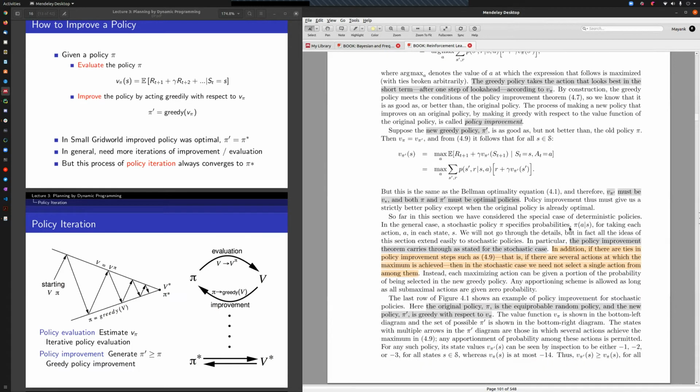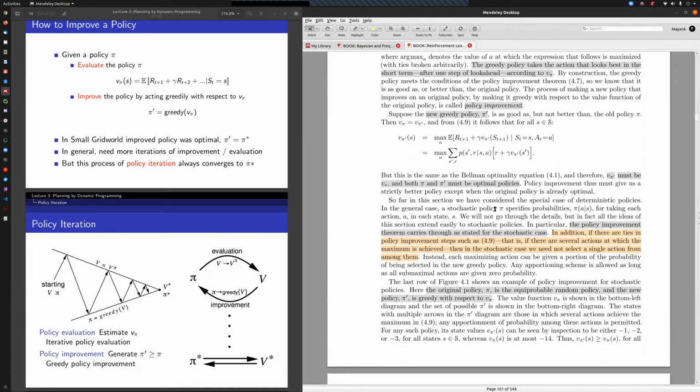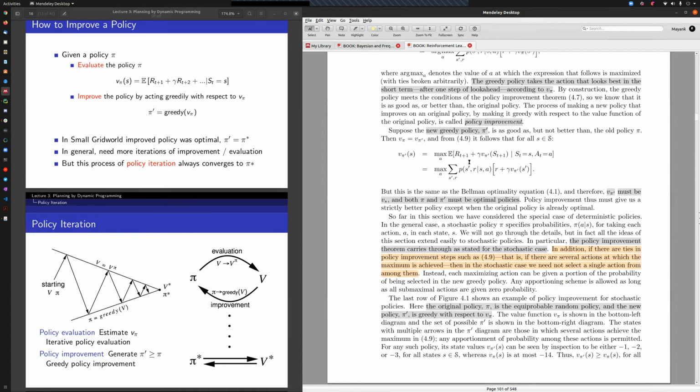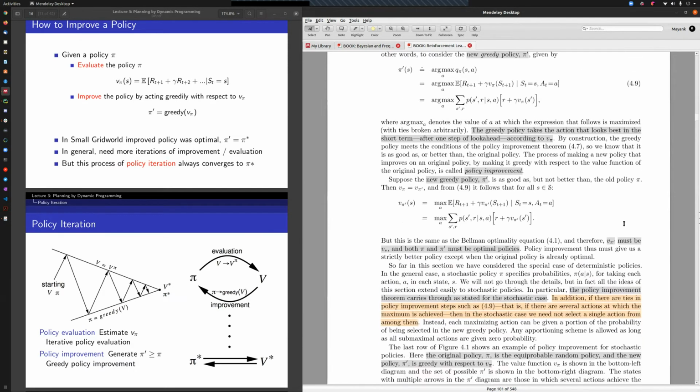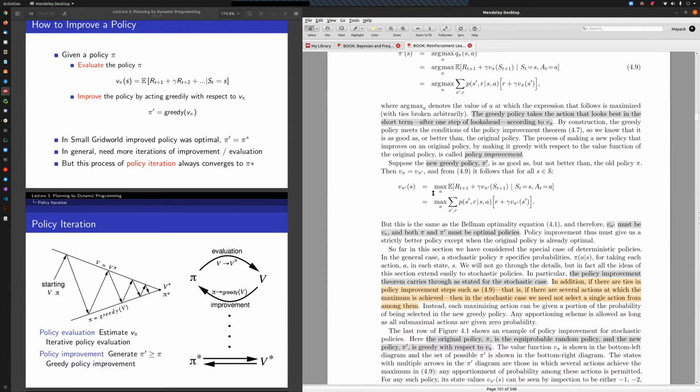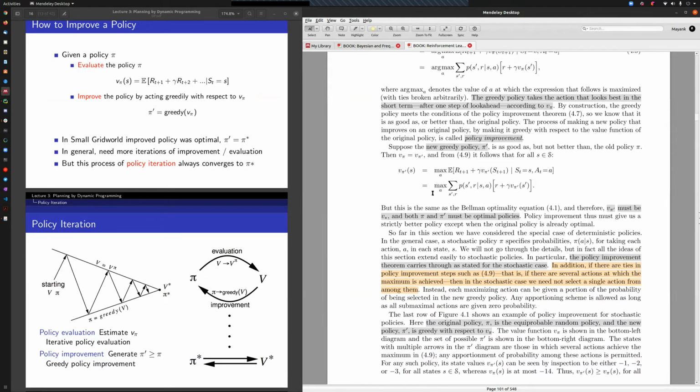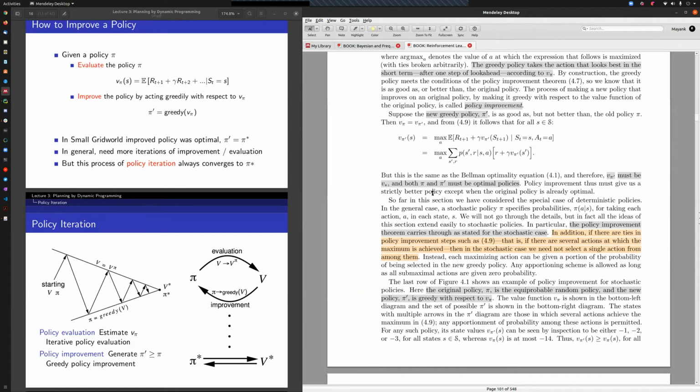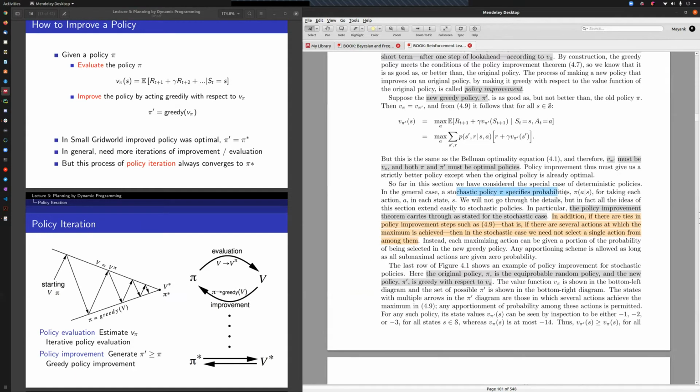This is based on the stochastic nature of the evaluation and improvement case. I think they have written it somewhere.